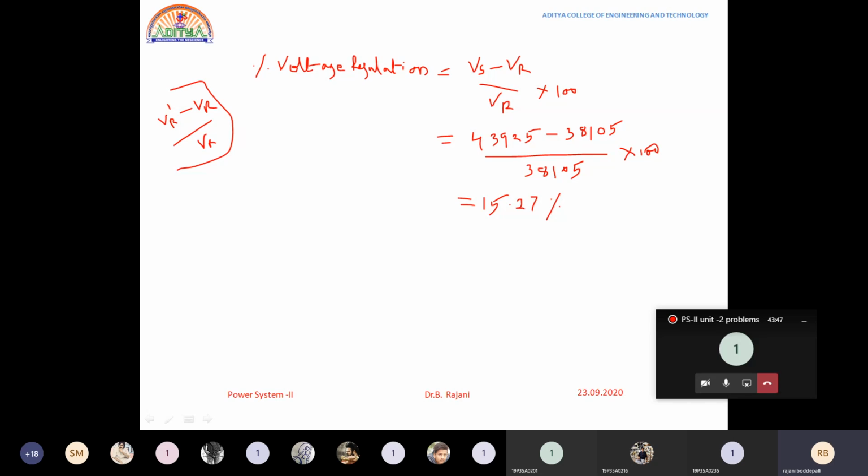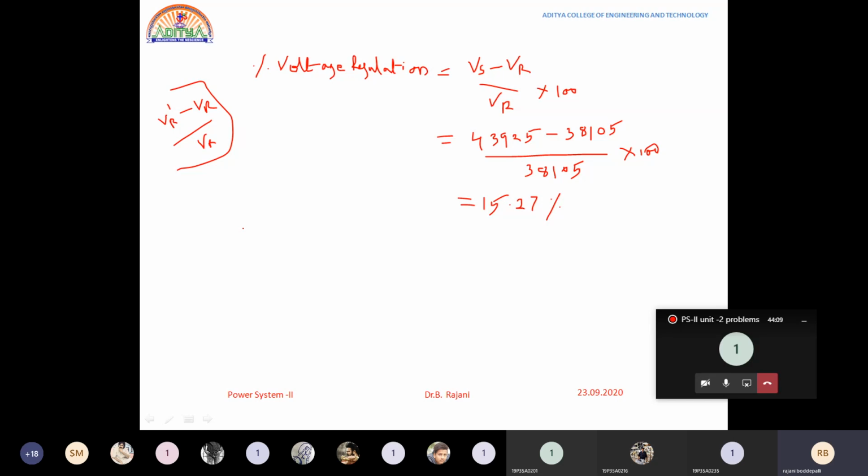Once after finding the voltage regulation, we have to know the losses. We'll be getting the input power, the sending end power. What is the sending end power? The power is nothing but 3 into Vs Is into cos phi.